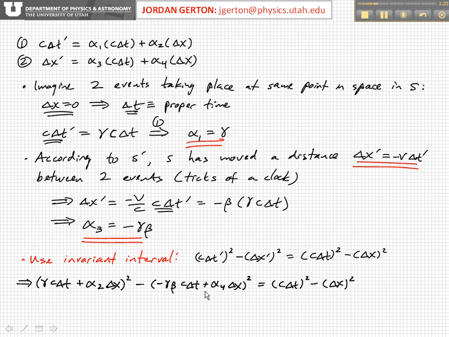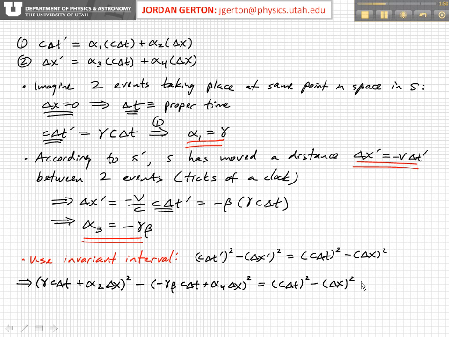So when you carry out these squared quantities, when you square the terms in brackets here, you're going to get terms that are proportional to c delta t squared, which on the right hand side we have over here. It comes from this side. We're also going to have terms that are proportional to delta x squared, and then we're going to also have cross terms that are proportional to delta t delta x.